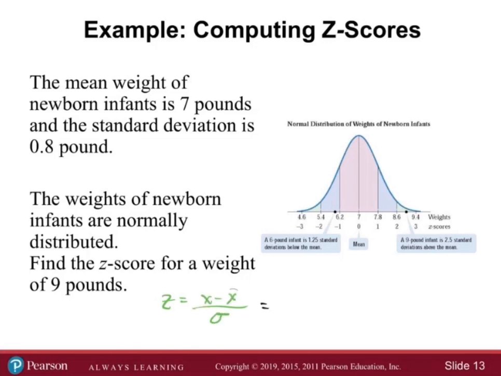In this example, the z-score for 9 pounds: the item is X minus X bar, where the average is 7. So 9 minus 7, divided by the standard deviation of 0.8. Crunch that number. That's 8 over 10, so it's going to be 2 times 10 over 8, which is 20 over 8.